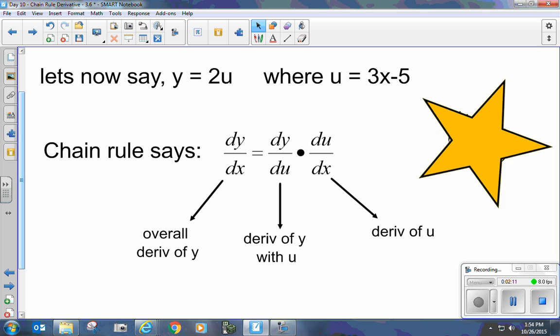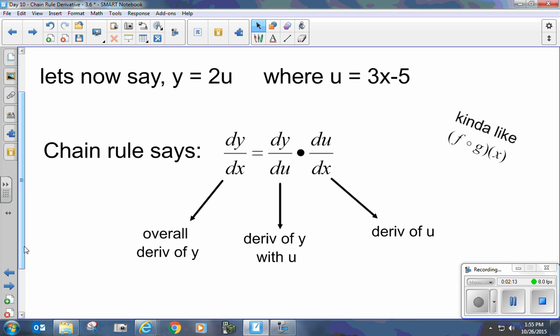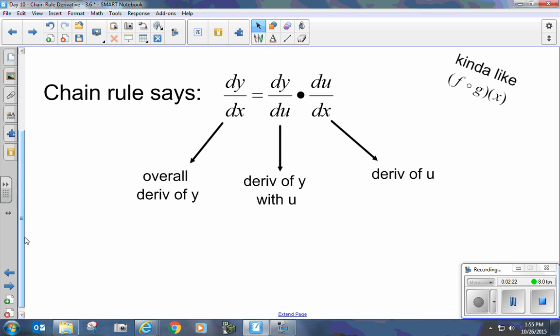So, it's kind of like f of g of x. Remember how you had that thing back in the day where you take one function and put it into the other and expand it? It's kind of similar. So we now want to find the overall derivative of y by taking the derivative of y with u and multiplying it by the derivative of just u.